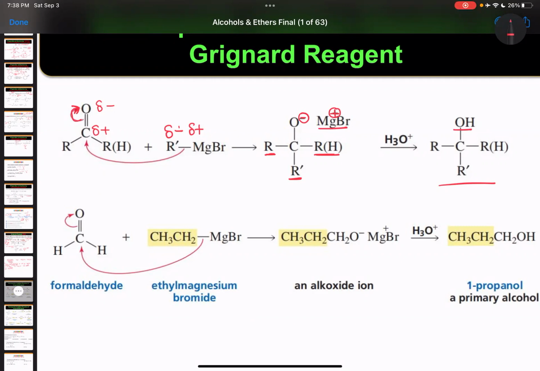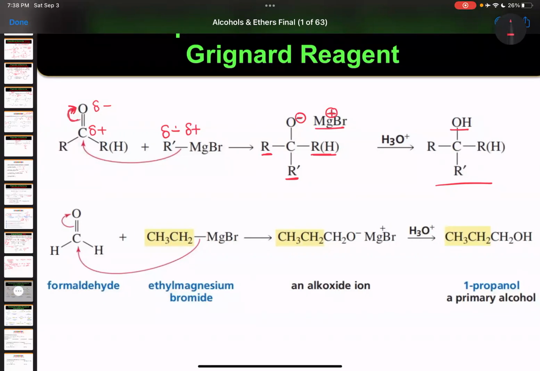So with formaldehyde, if you react the Grignard with formaldehyde, what are you going to get? This is the portion which has come from the Grignard. This is negatively charged.